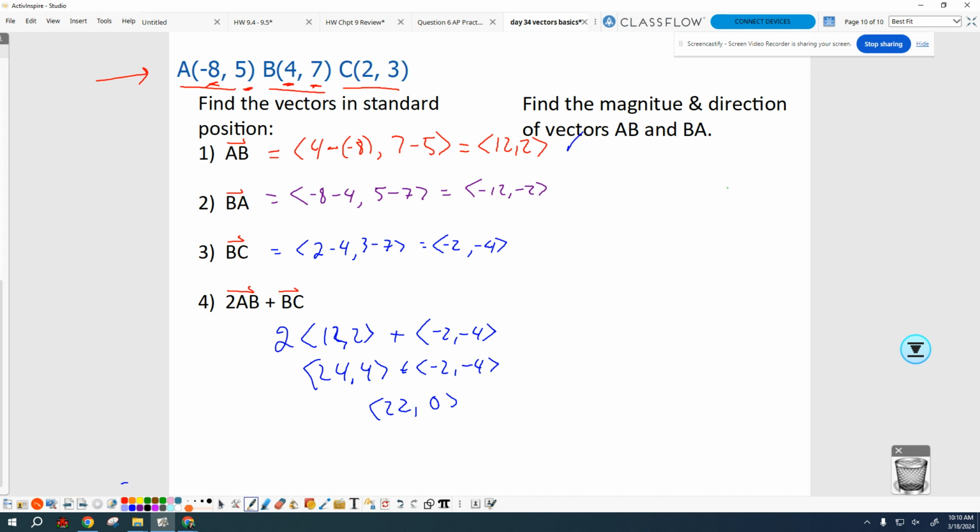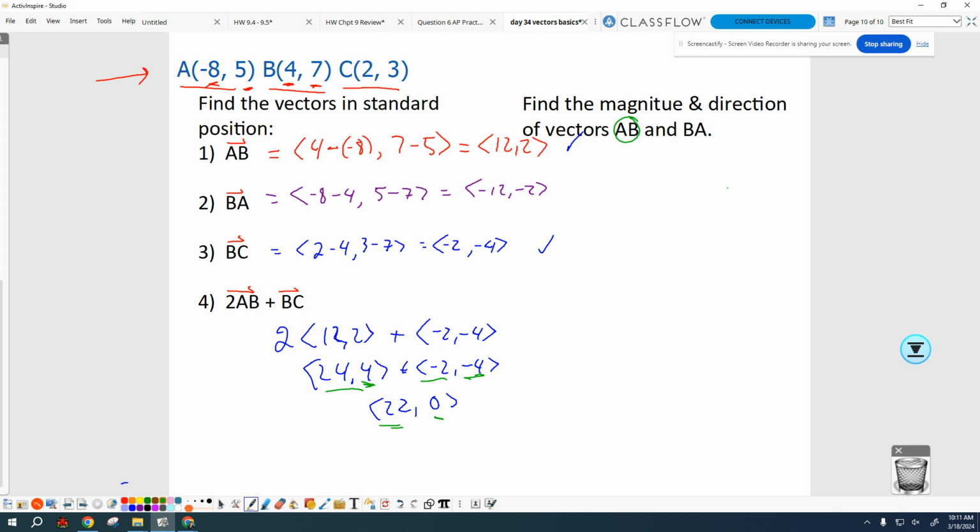Because if you have AB or BC as different numbers, then you're not going to get the end answer. So 2 times AB is 24, 4. BC is negative 2, negative 4. And then I see what Nick did, he just added them. 24 minus 2 is 22. Positive 4 minus 4 is 0.